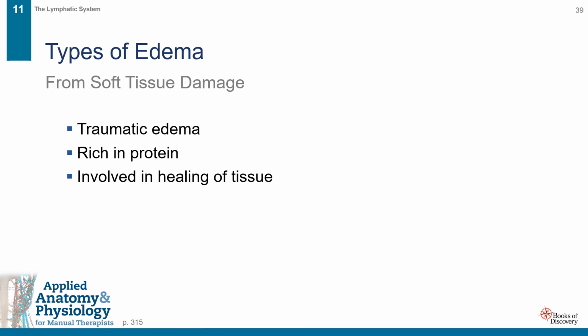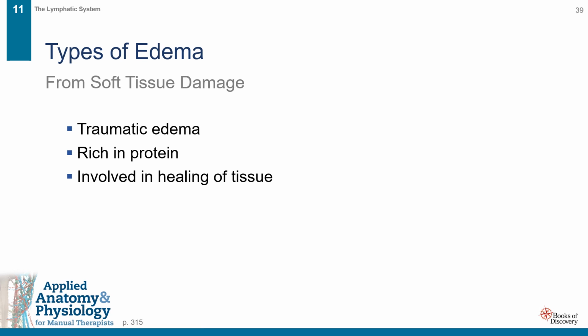Increased interstitial oncotic pressure causes more fluid to be drawn into the area in a process known as secondary edema formation. Since proteins causing the increased IOP are the sole responsibility of the lymphatic system, resolution of traumatic edema relies on stimulating the lymphatic system.